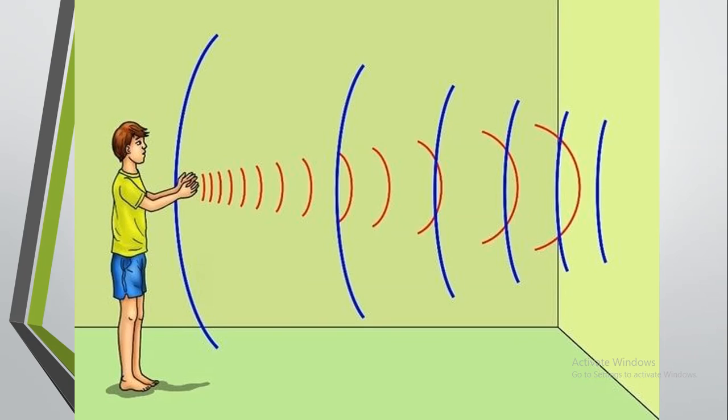Now, in this picture, this boy is clapping his hands, and these are the reflected sound waves. The reflected sound waves, as we mentioned before, are called echoes.